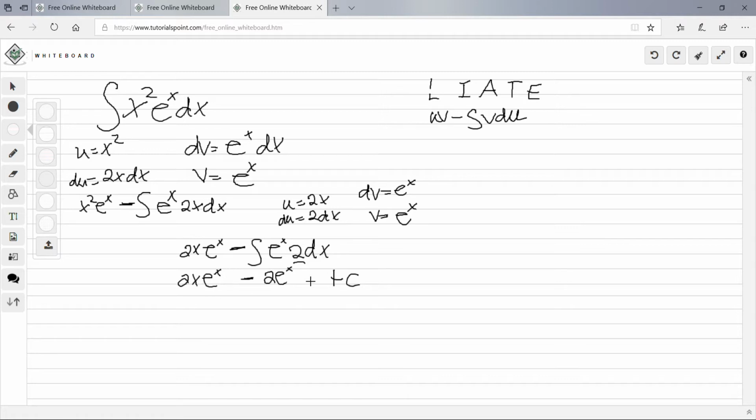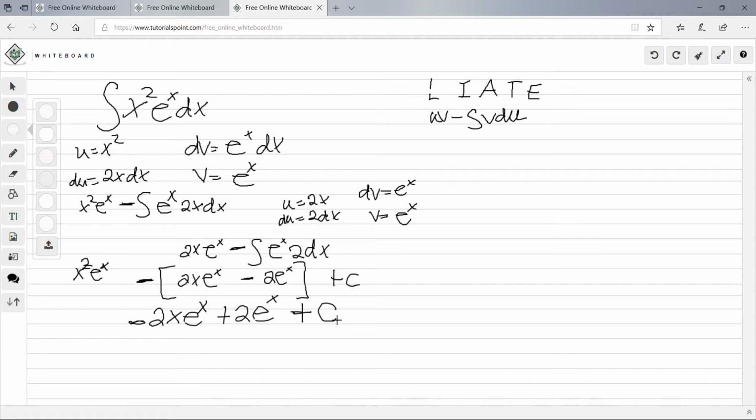And then remember, I'm going to put brackets here because there's a negative sign, so I'm going to just distribute this negative, bring down the x squared, x squared times e to the x, right? So let's distribute this negative. So you're left with negative 2x e to the x, and then over here we have two negatives, that becomes positive, plus 2e^x plus c.